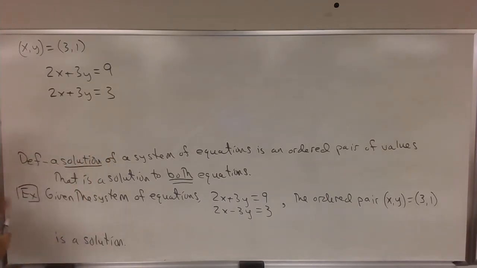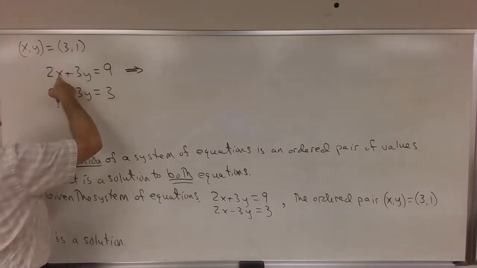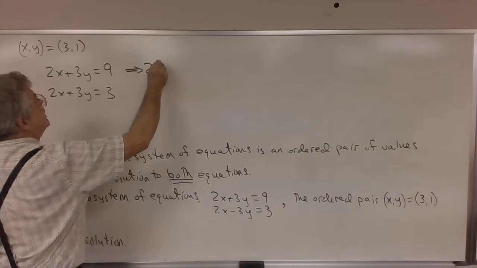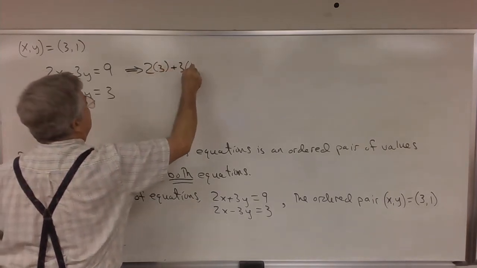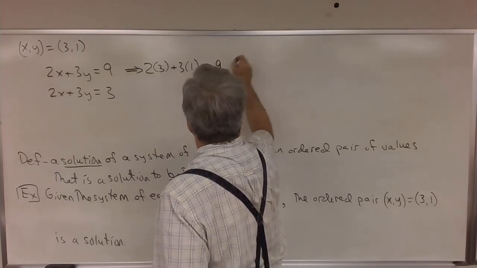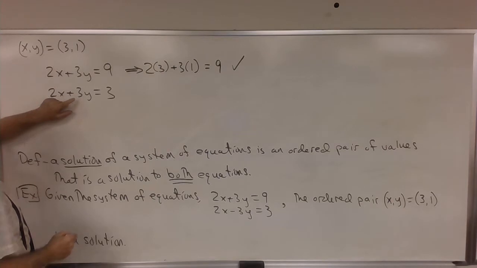Let's make sure that this really is a solution to both equations. So I'm going to take 3 and plug it in for x, and 1, I'll plug it in for y. So we get 6 plus 3 is 9. Okay, that checks out. But this equation has to work too.